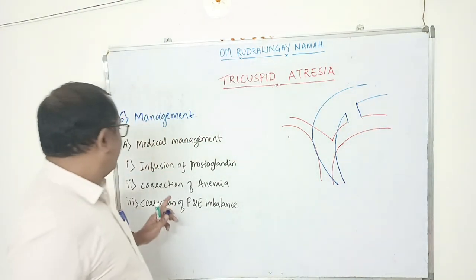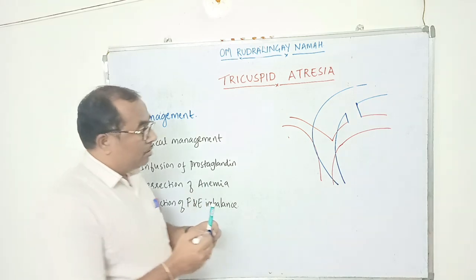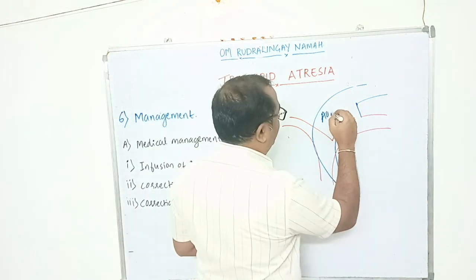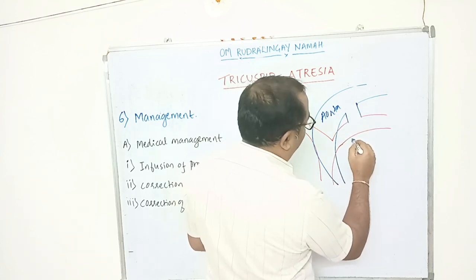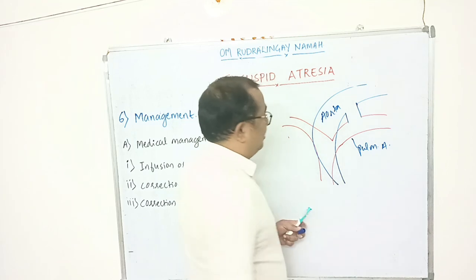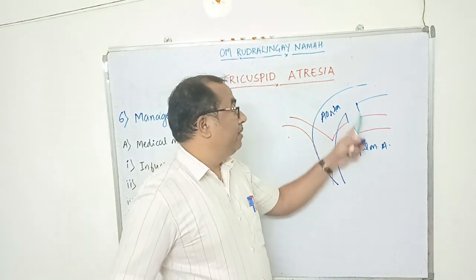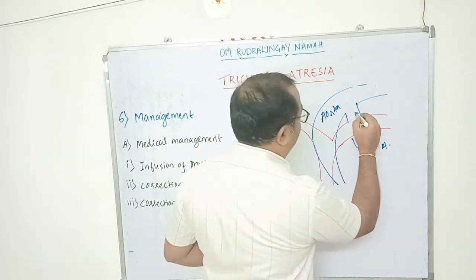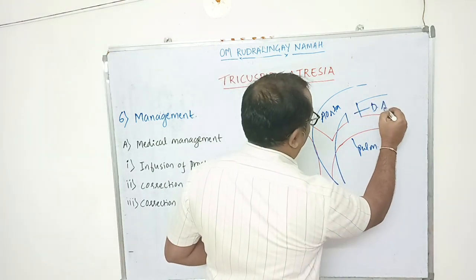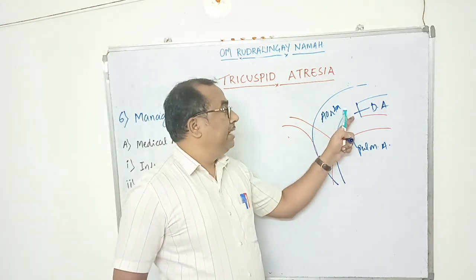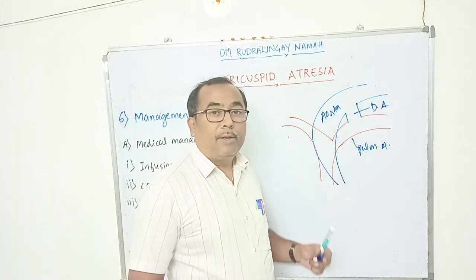There is an opening between the pulmonary artery and the aorta, known as the ductus arteriosus. On administration of prostaglandin, it will keep this ductus arteriosus open.